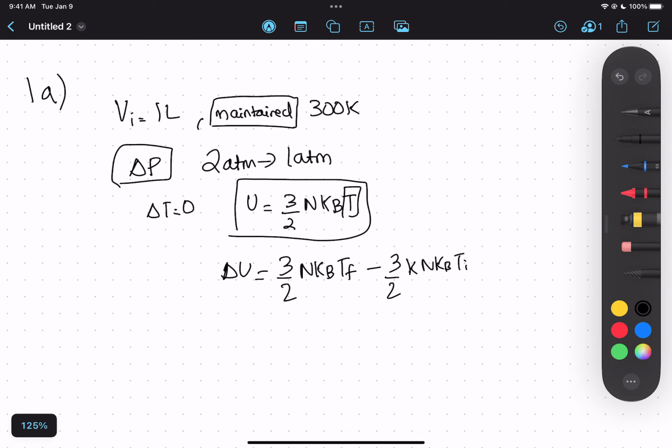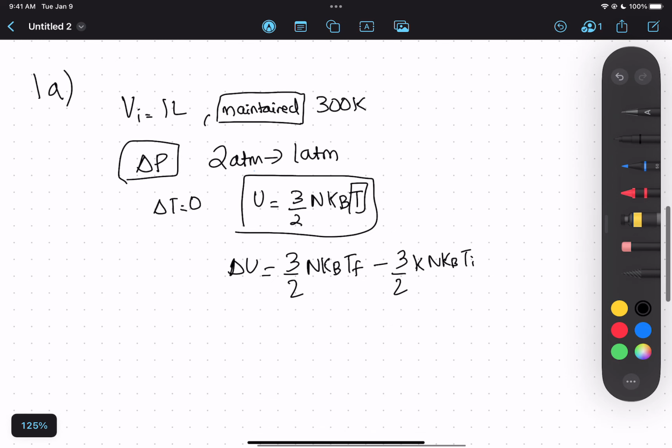That's what they're saying, that the gas is allowed to expand. But what's not changing is the thermal bath temperature, 300 Kelvin. When you think about what internal energy U, or delta U, is dependent on, by its formula, it's only dependent on temperature. And since we're keeping the temperature the same, that's why delta U is 0.